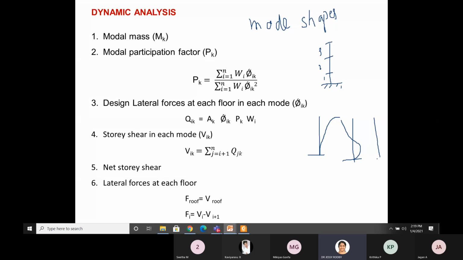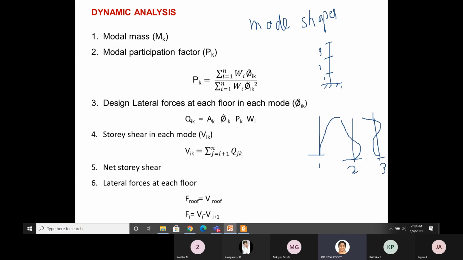And third, the structure can have another shape. This is how a 3-story building can have 3 different mode shapes. This is the first mode, this is the second mode, and this is the third mode.